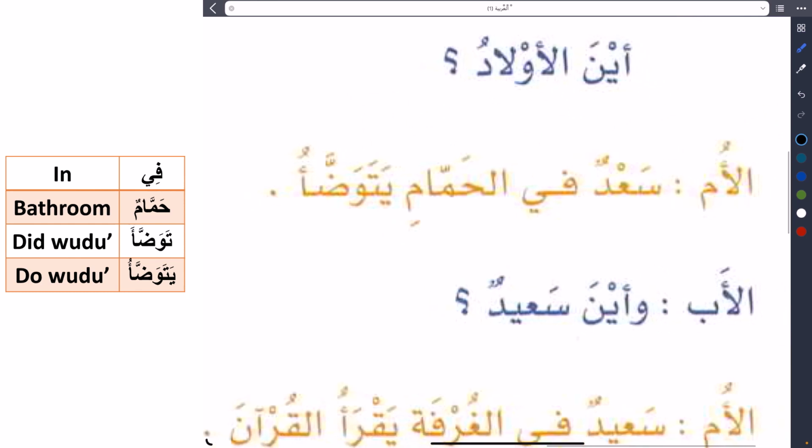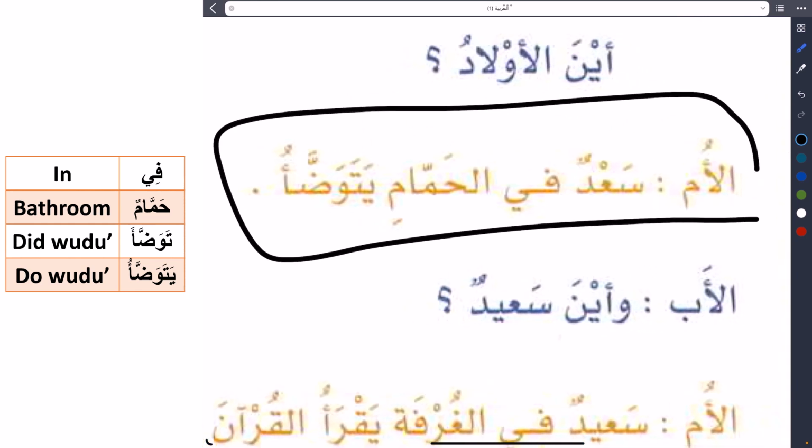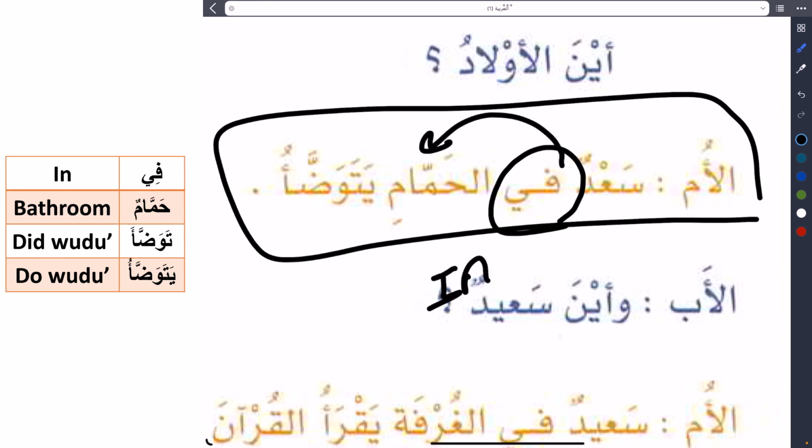So let's do a little revision. We only studied this sentence. We said fi is a preposition that means in, and it makes the next noun have kasra instead of dhamma. Normally al-hammamu is dhamma, but because of the preposition before, we put kasra at the last letter.